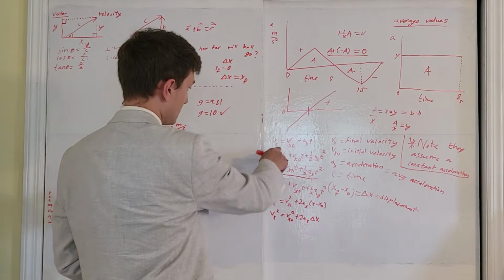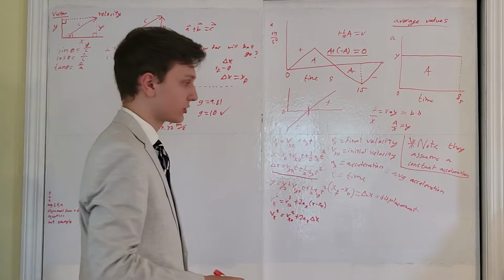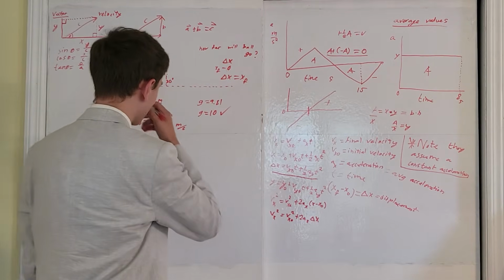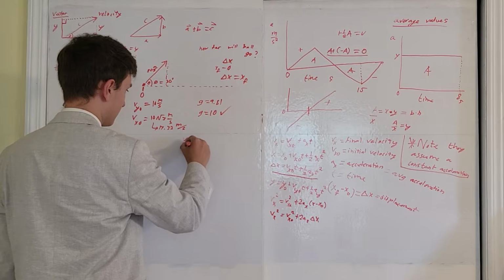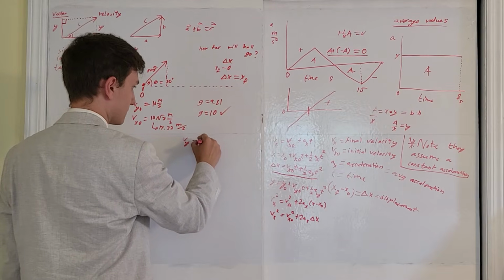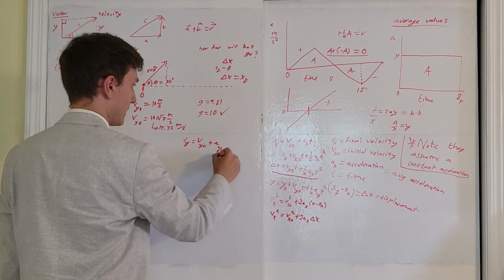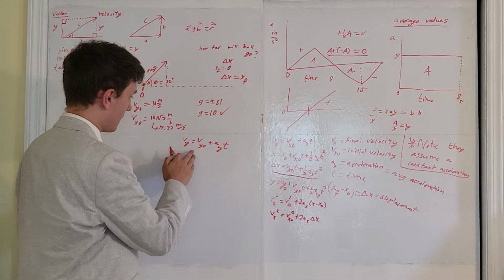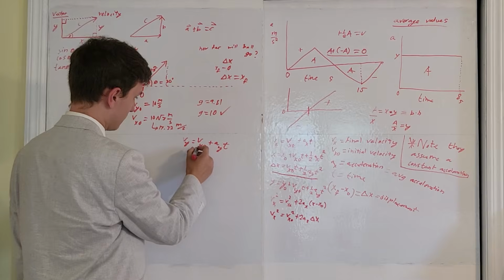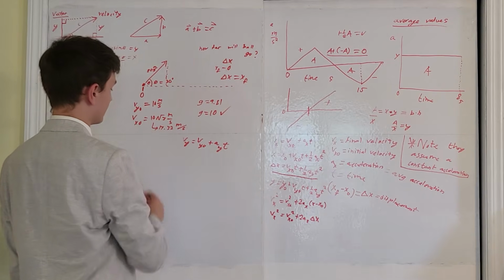However, we can try it in the y direction. My final velocity in the y direction equals my initial velocity in the y direction plus the acceleration in the y direction times time t. I have my initial velocity in the y direction, I just derived it right here.